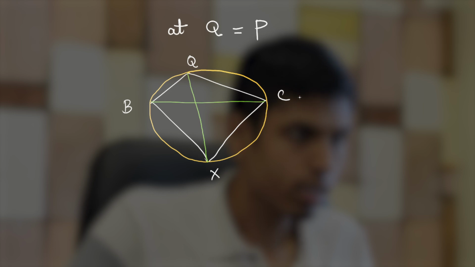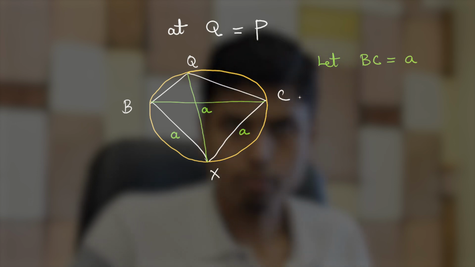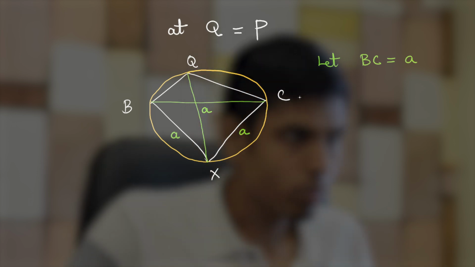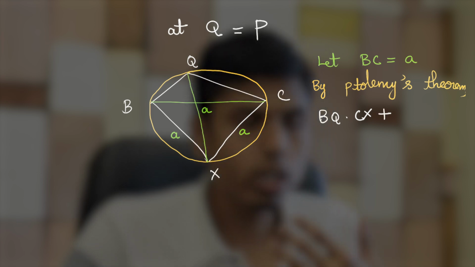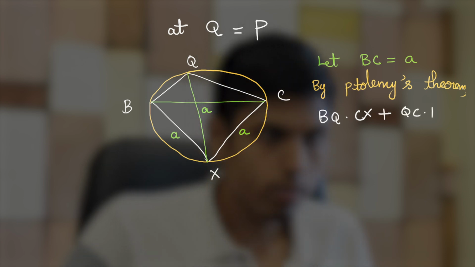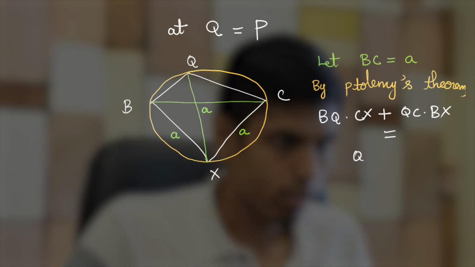And remember that BC, let BC equal A, and BX and CX will also be A because it's an equilateral triangle. And by Ptolemy's theorem, it is known that the sum of product of opposite sides equals the product of its diagonals, which is QX into BC.